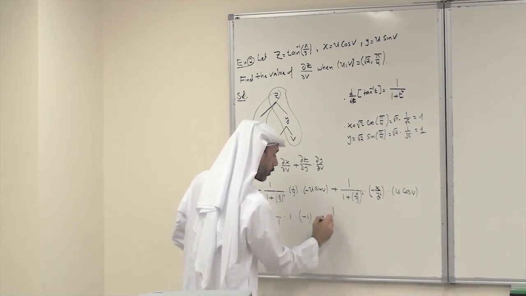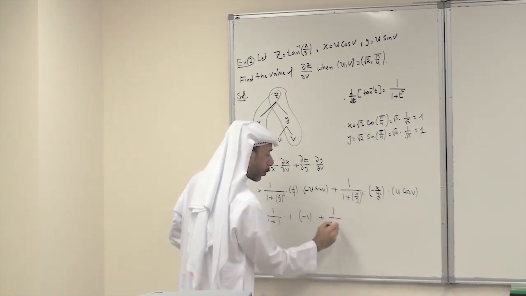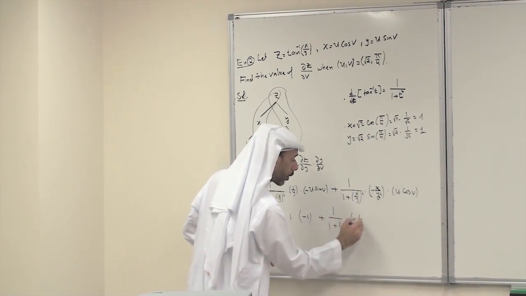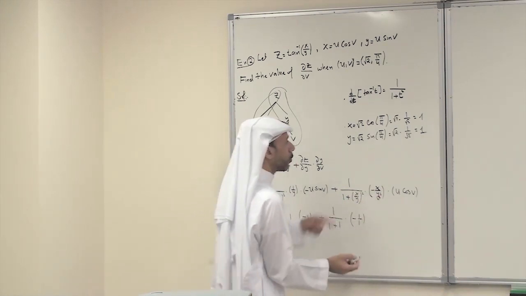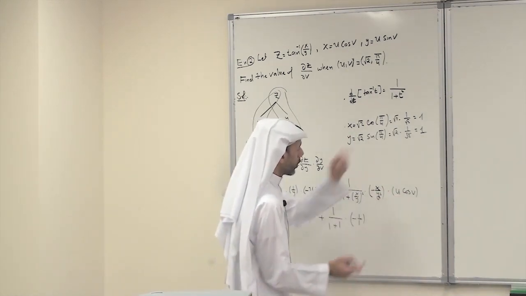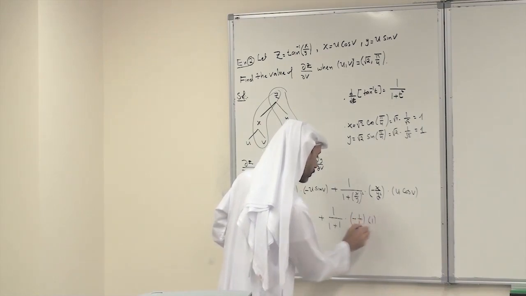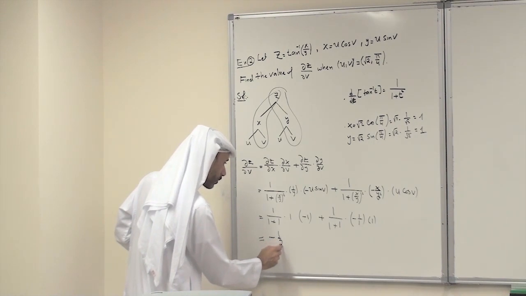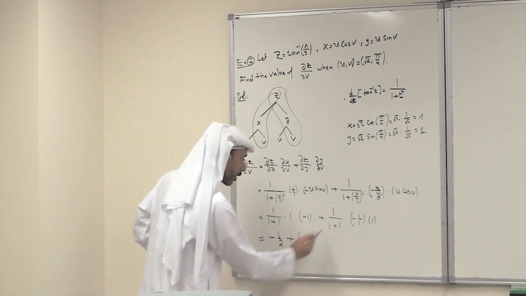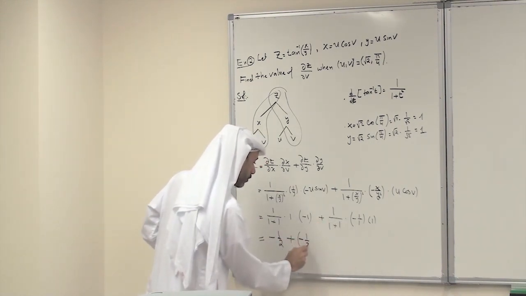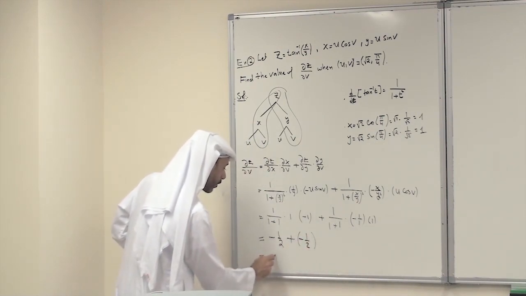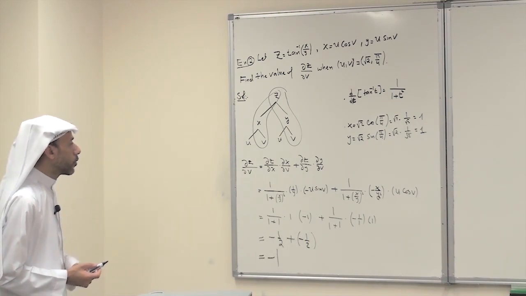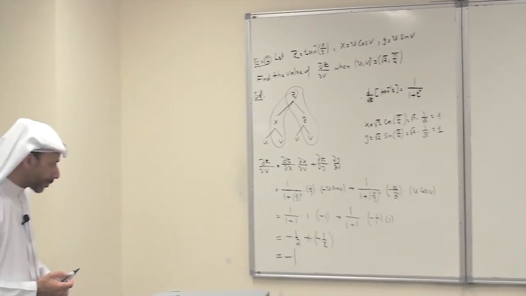Plus 1 over 1 plus 1 squared, times minus X over Y squared, which is minus 1, times U cosine V, which is just X, again 1. So this is minus a half, plus, again, minus a half. So the answer is just minus 1. This is the value of the given partial derivative.